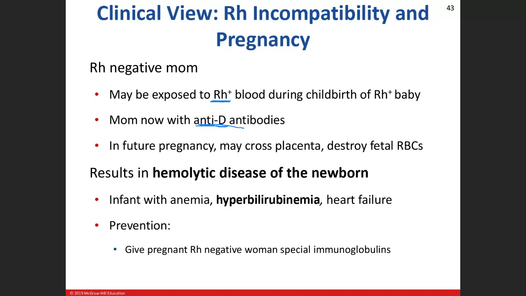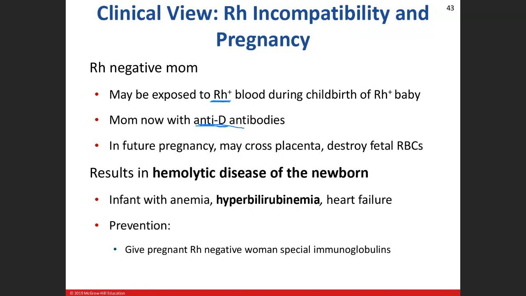So for the next child, if that next child is going to be RH positive, there can be a crossing over, because antibodies are really small. Placenta can block out a lot of stuff. That blood system blocks out a lot of things, but big things. But really small things, not so much.